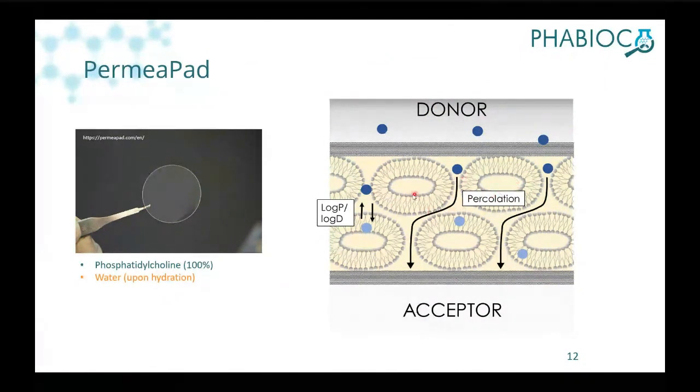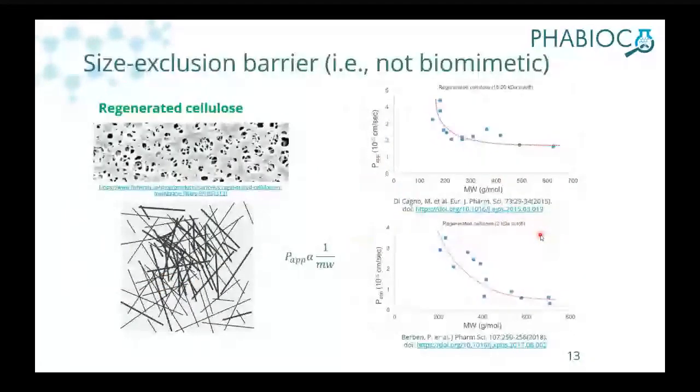So liposomes that press each other. In this case, we have two mechanisms of permeation. One is based on partitioning, because of course of the phospholipid vesicle membrane, but also we have some sort of percolation, so paraliposomal pathways that are used by small hydrophilic molecules, as would be the paracellular transport in a biological tissue.